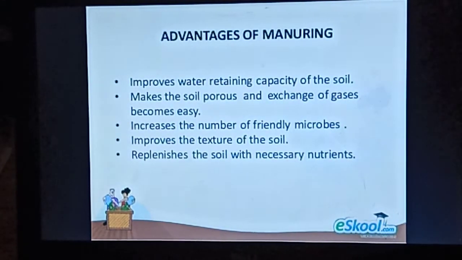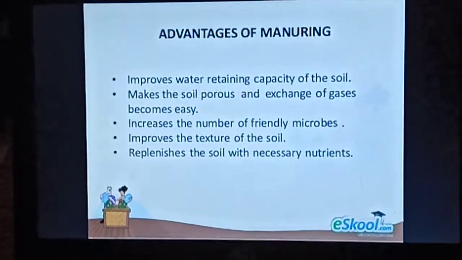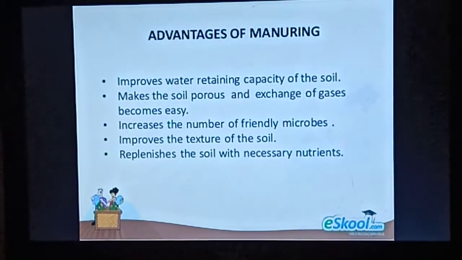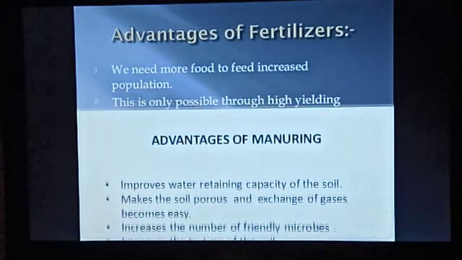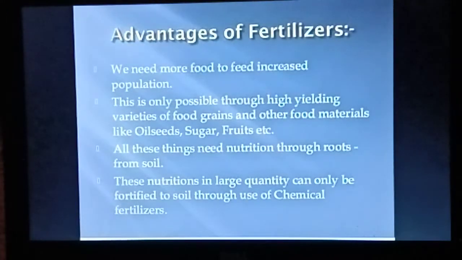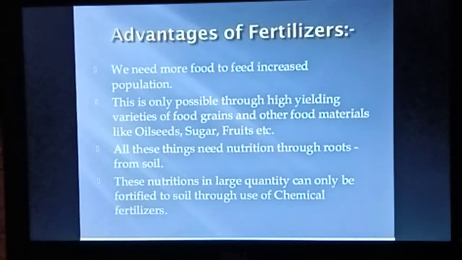So now we will talk about the advantages of fertilizers. The advantages of fertilizers are many, but there are many disadvantages also. So first of all we will talk about the advantages of fertilizers, that we need more food to feed an increased population, means fertilizers make our food increase, but they are very chemical.